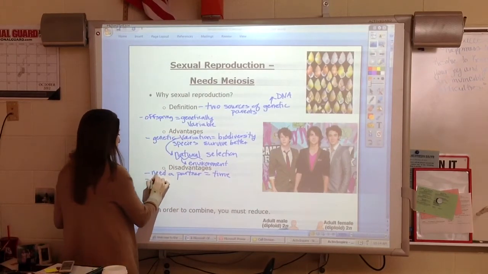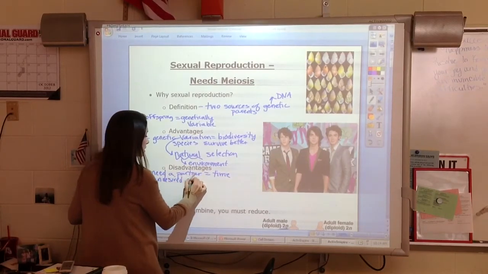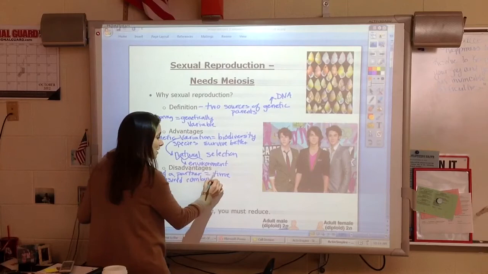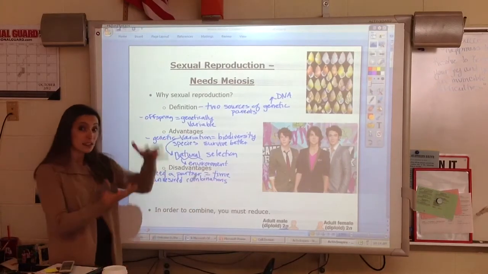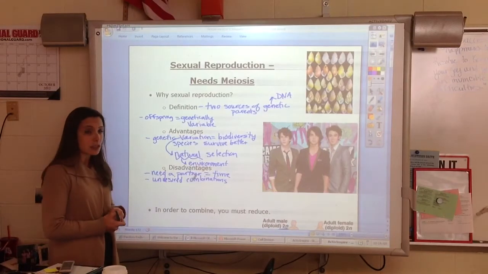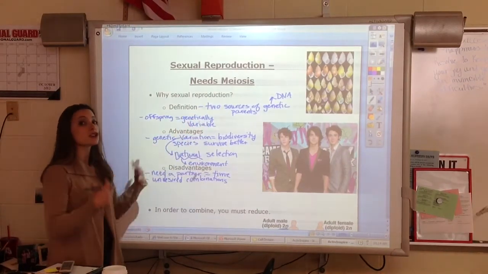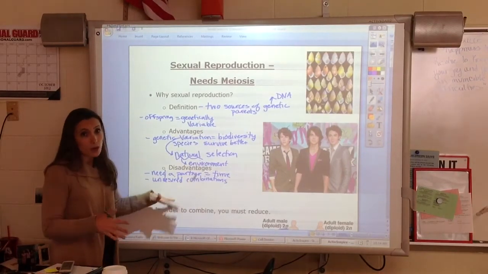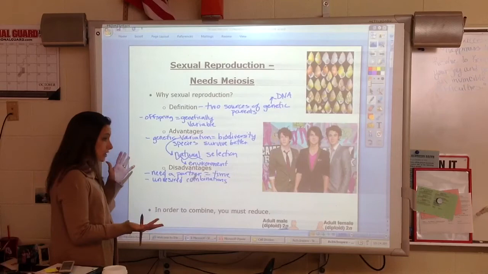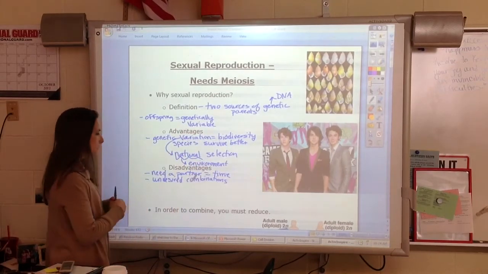Sometimes we get undesired combinations. So sometimes the combinations don't end up being a successful combination, and that can kind of decrease the health of the species. But because we're having variability and each offspring is unique, usually this is kind of mitigated or assuaged by the fact that we have so many offspring.